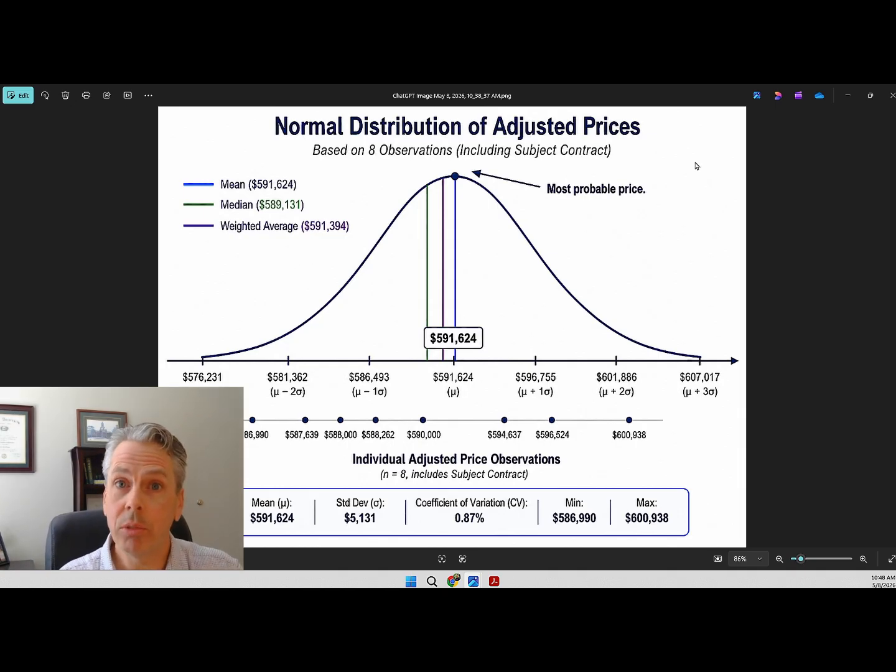Unless, I'll make the caveat here, it's actually absolutely the right question to ask if we're not adjusting. If we're doing a qualitative analysis, those are precisely the right questions to ask. But if we are looking at a distribution of adjusted prices, those aren't the right questions. The question is, which adjusted sales are most consistent with the central tendency of the distribution?